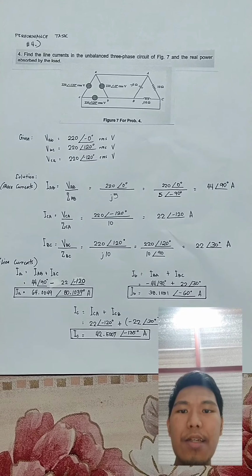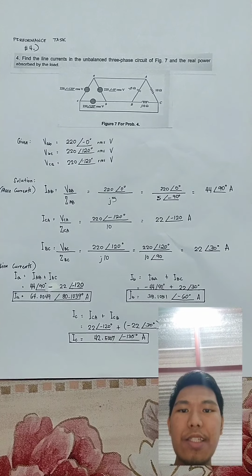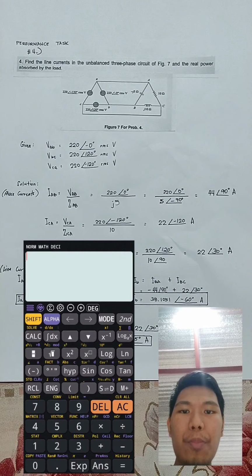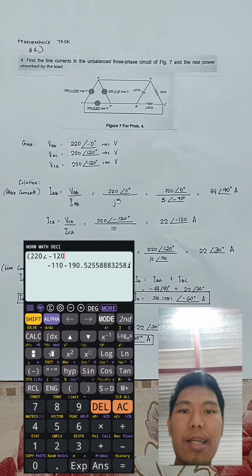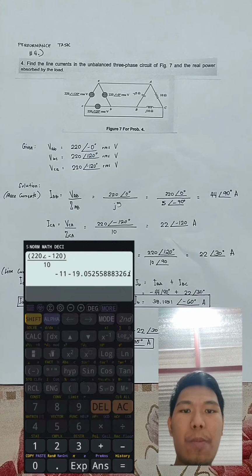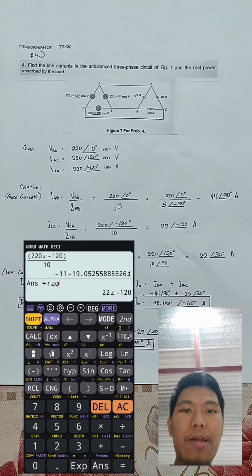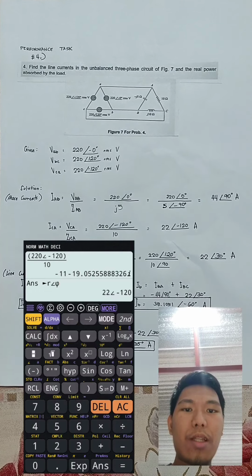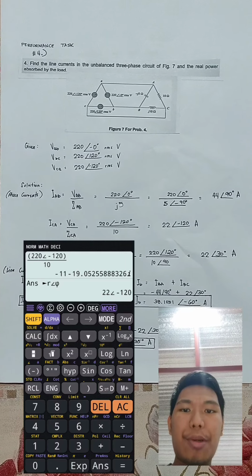For ICA equals VCA over ZCA is equal to 220 ∠ negative 120 degrees over 10. It is equal to 22 ∠ negative 120 degrees ampere.